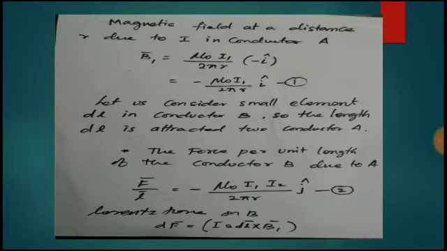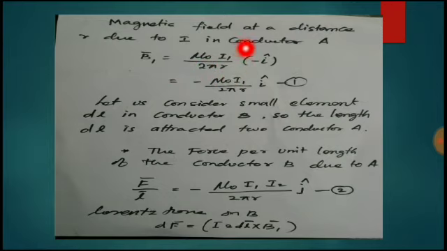From which equation? The magnetic field produced by a current carrying conductor. From that equation, B is equal to mu naught I divided by 2 pi r. Please remember that equation. From that one, the magnetic field B1 is equal to mu naught I by 2 pi r.